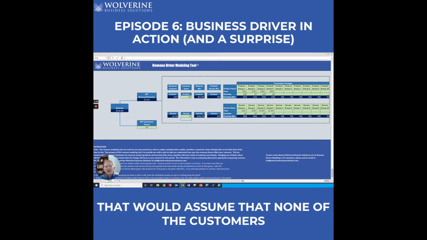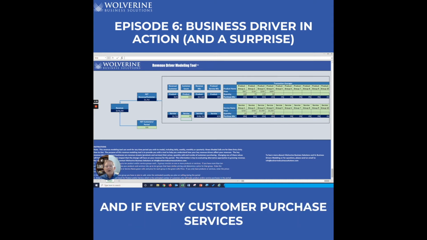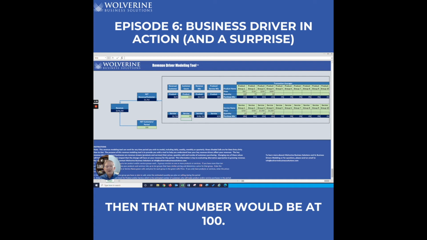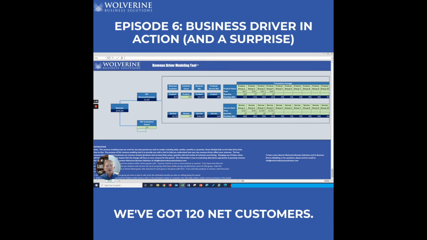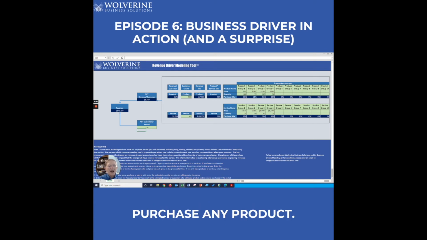That would assume that none of the customers that purchased services purchased any product. And if every customer that purchased services also purchased products, then that number would be 100. And so let's just say that we had a situation where we've got 120 net customers. So it says that 20 customers did not purchase any product.